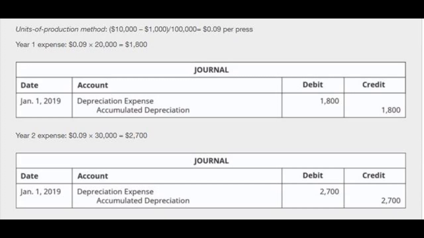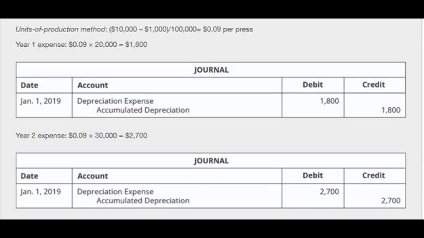What the method implies is, if you're going to use the equipment twice as much in 1 year as another, then it should lose twice as much value in the year that you're going to use it twice as often.